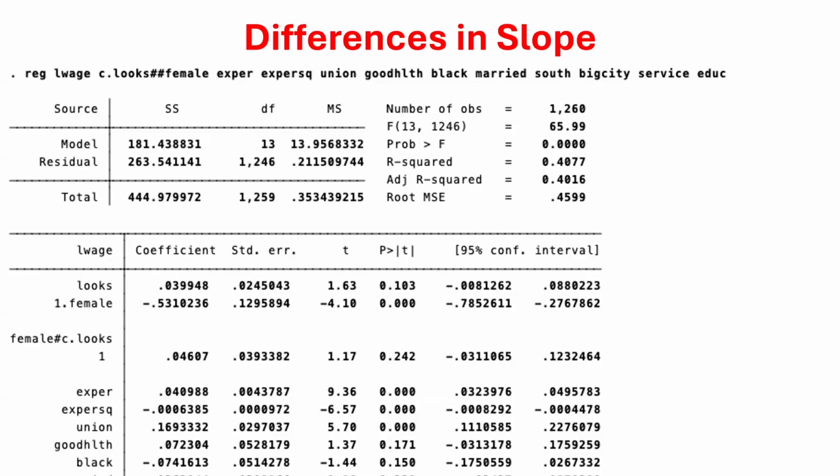Now, if I'm thinking about the marginal effect of looks for a male, female would be equal to 0, so the marginal effect is simply beta 1, the coefficient on the x variable I was looking at. But for females, the 1 group, what is the marginal effect?